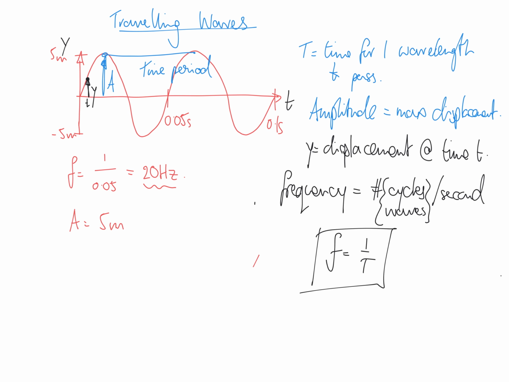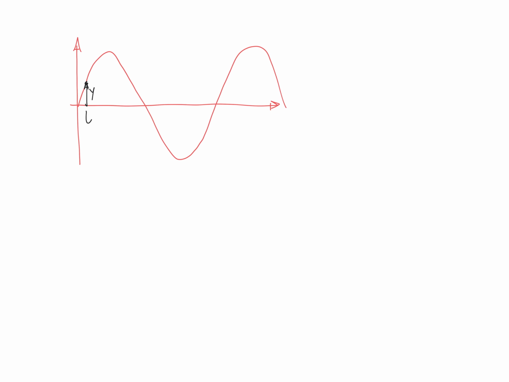What we're going to try and do now is put some sort of mathematical construct onto that. So here's, let me draw that setup again. Okay. Now, first of all, what we want to do is try and find an expression which will work out the displacement y at any time position.